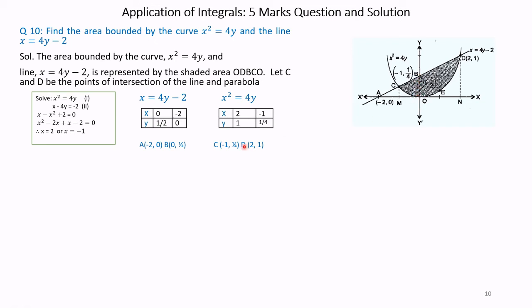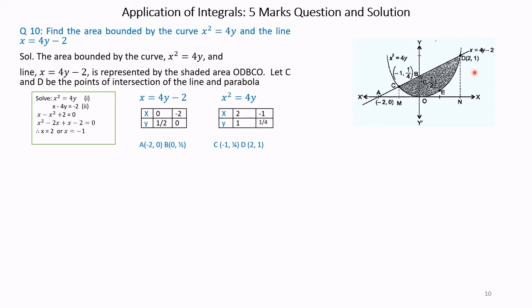Then coming to the parabolic equation, the points on the parabola. C is minus 1 and y is 1 by 4. Minus 1 is here, and 1 by 4 is here. That is C, and point D is x is 2 and y is 1.